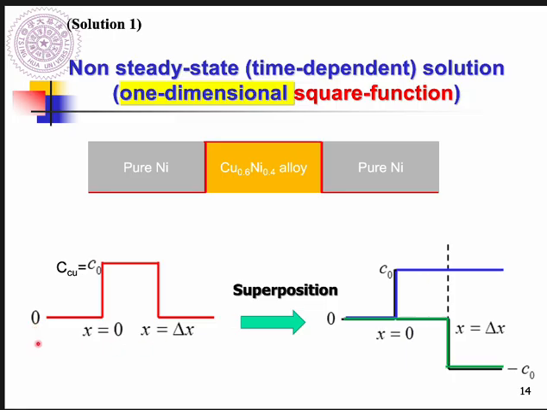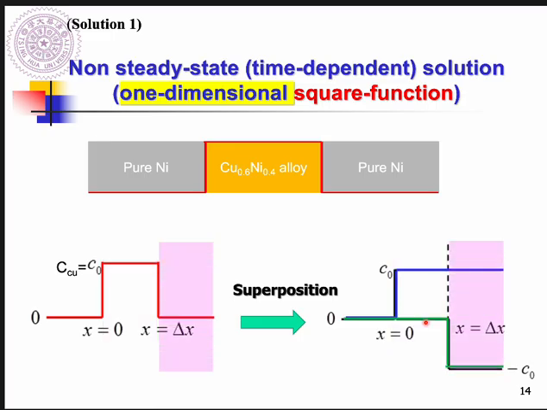So let's double check this. At x smaller than 0, you sum these together and you get 0. At the center region, I get C0 here, and C0 plus 0 equals C0.